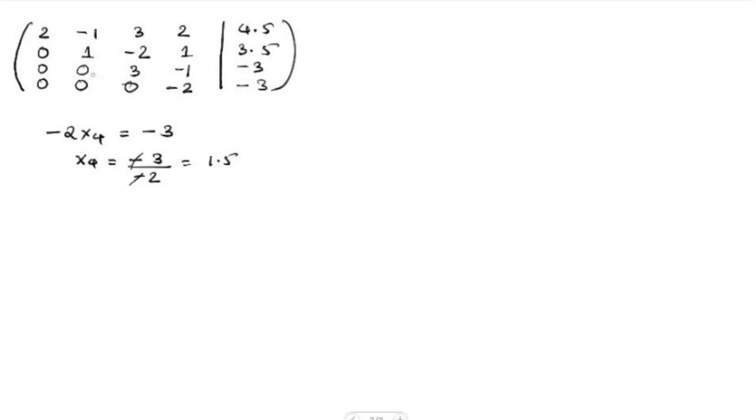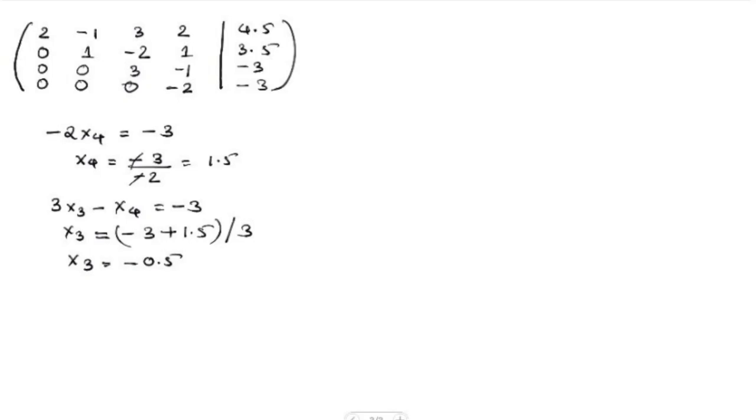And then for the second last row we'll have the equation 3x3 minus x4 is equal to minus 3. So 3x3 is equal to minus 3 plus x4, which is 1.5, and then the whole thing divided by 3. So x3 will be equal to minus 0.5.